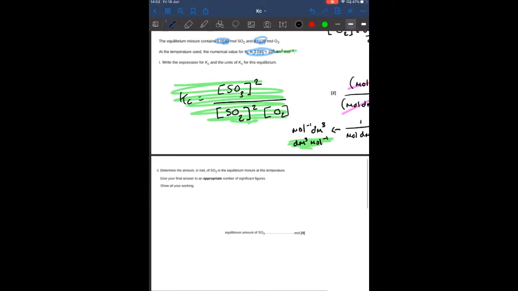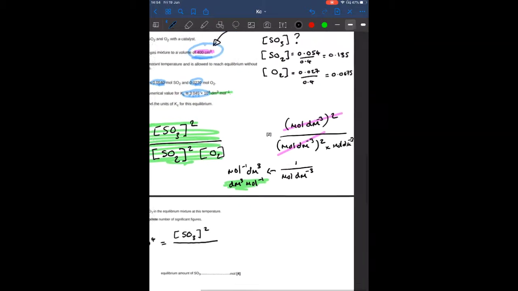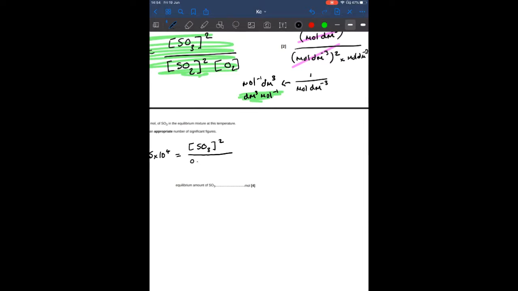So let's sub these values in. 0.045 times 10 to the 4 equals concentration of SO3 squared, we don't know that, divided by concentration of SO2 squared, 0.135 squared times by 0.0675.